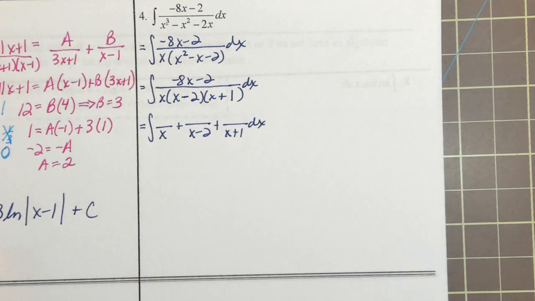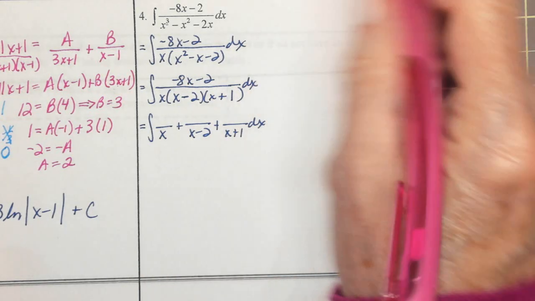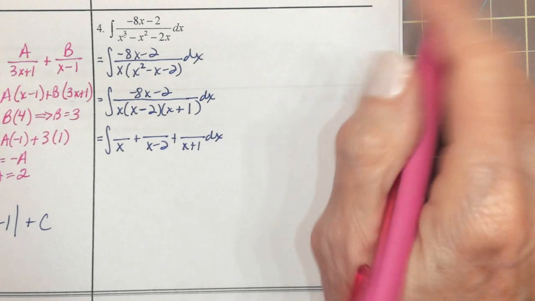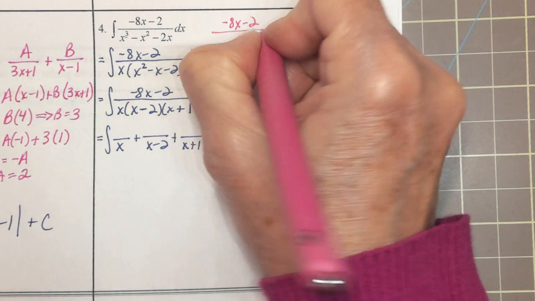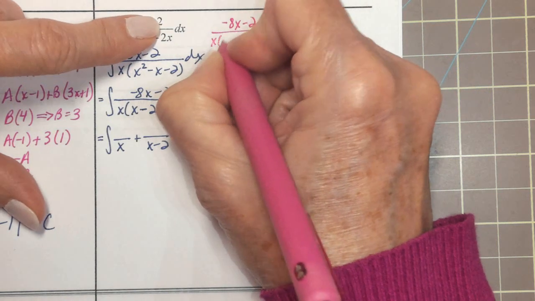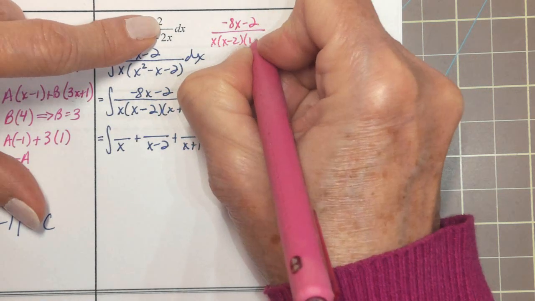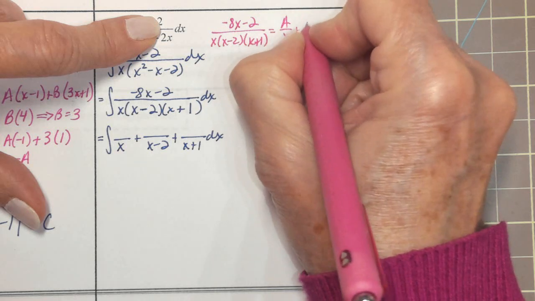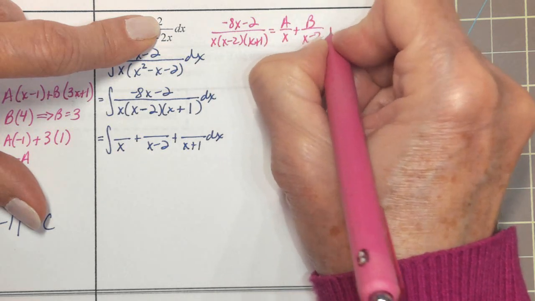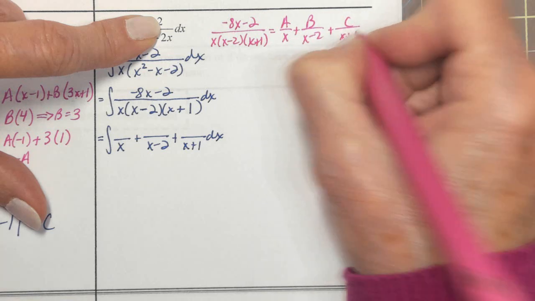Got to find out what those somethings are. So I'm going to come off to the side. Negative 8x minus 2 over x times x minus 2 times x plus 1 is equal to a over x, b over x minus 2, c over x plus 1.